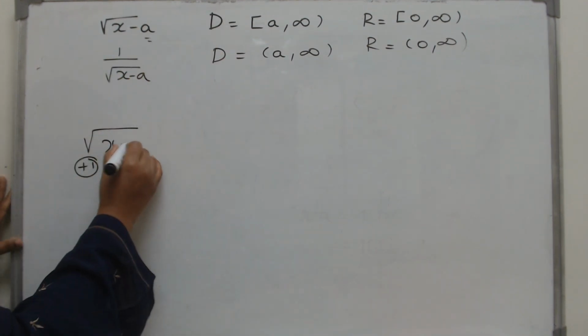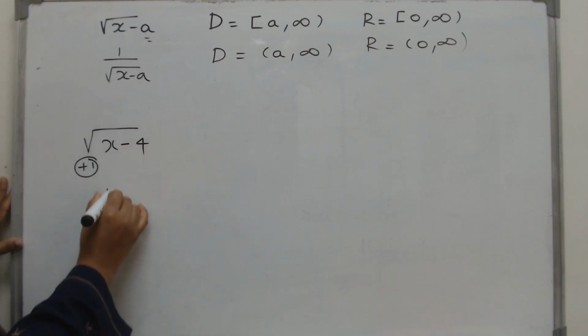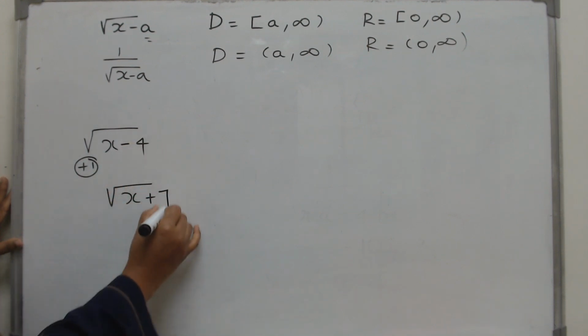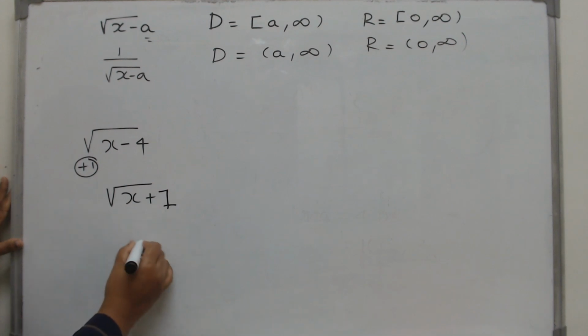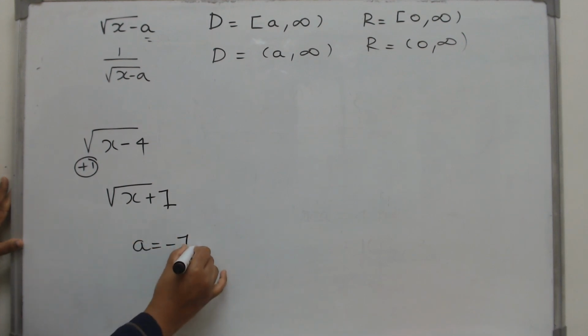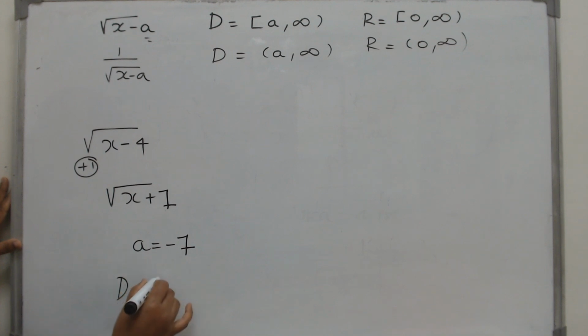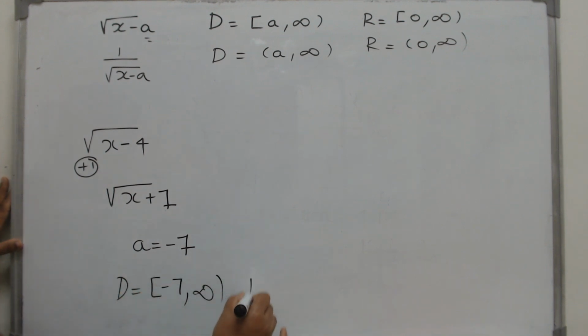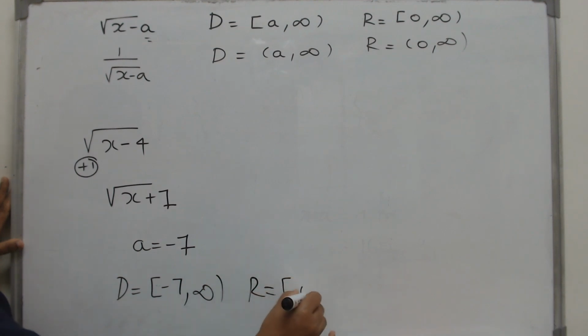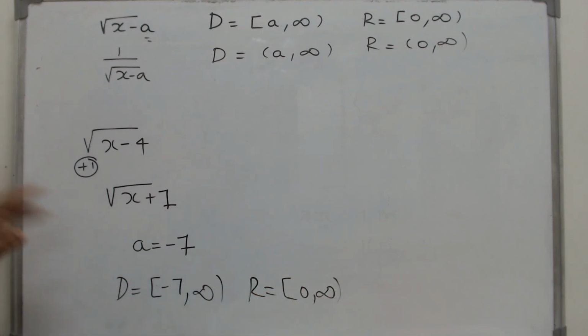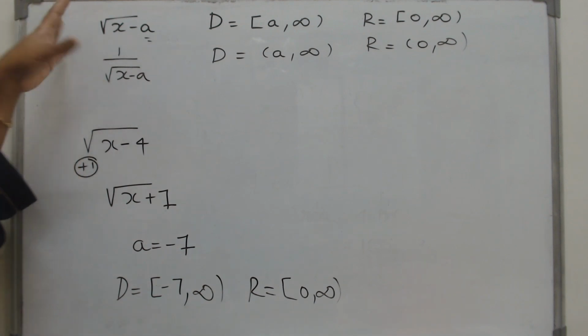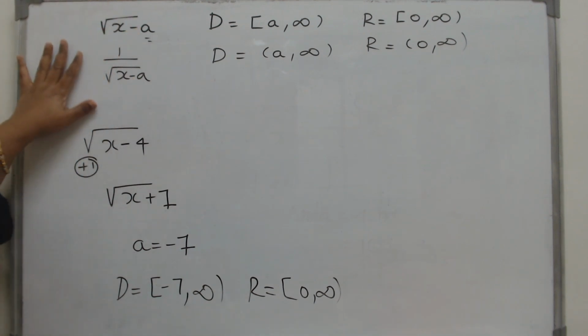X minus maybe 4 or a square root of x plus 7. In this case, you will take your a as minus 7 and your domain will be from minus 7 all the way to infinity, and your range will be what? 0 to infinity.